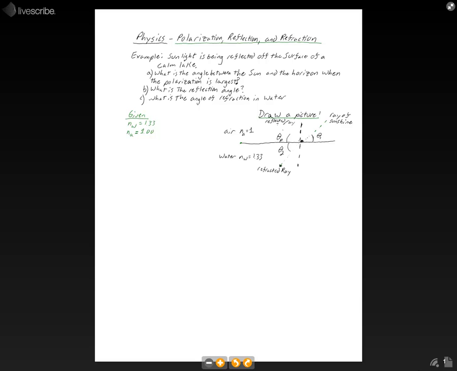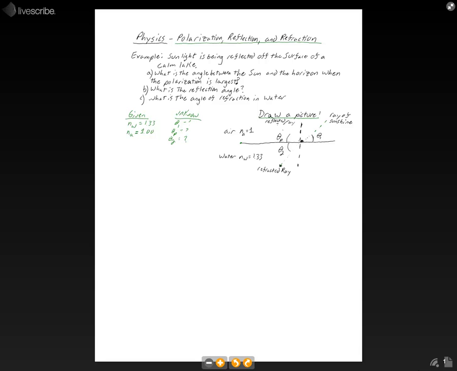So with that, to calculate theta 1, before we do that, our unknowns. We need to find theta 1 from part A. Part B is we're looking for theta p, and part C we're looking for theta 2. So those are all our unknowns.